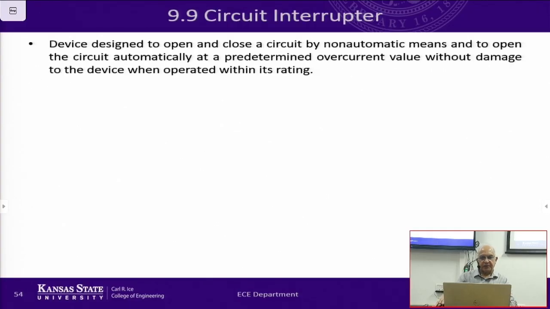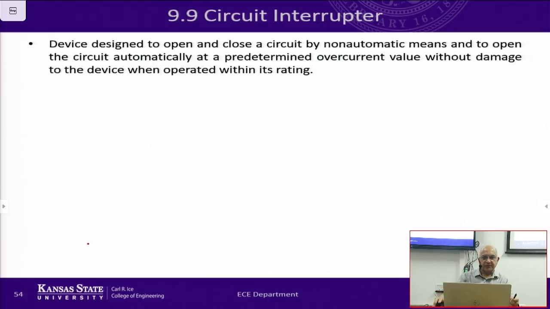Next one is a circuit interrupter, a device designed to operate and close the circuit by non-automatic means and to open the circuit automatically at a predetermined overcurrent value without damage to the device when operating within its rating. A circuit interrupter is actually a more common terminology that can be used to include the load break switch, in a sense.